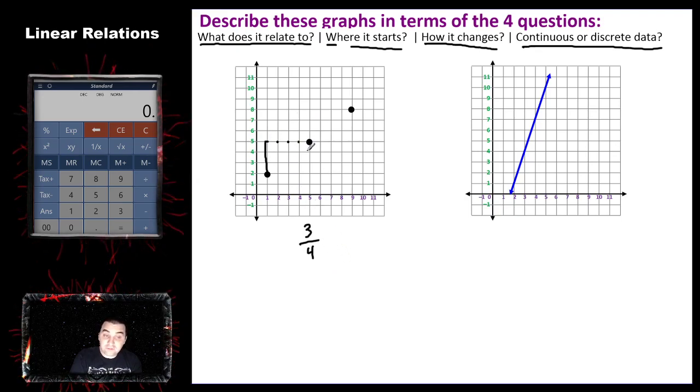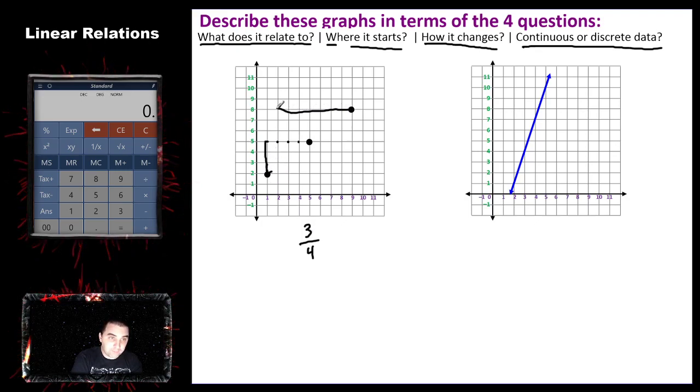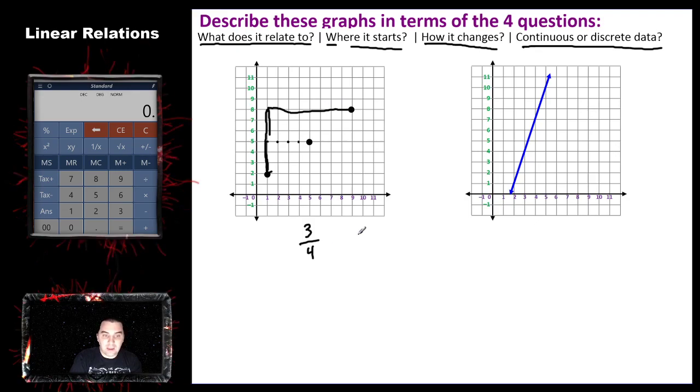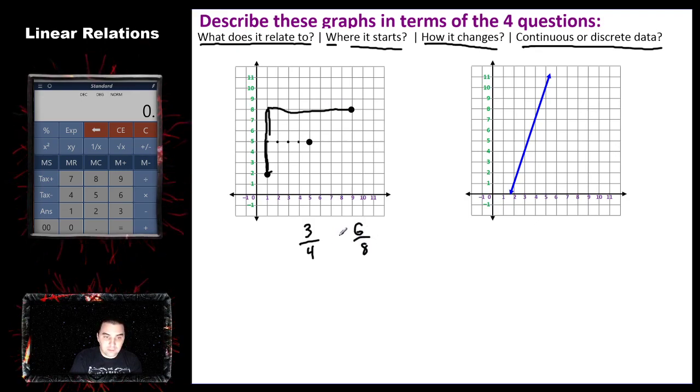That is a simplified form, but I could also say different numbers too that are equivalent. It would be perfectly fine for you to have pointed out that it goes up 6 for every 8, because 3 over 4 is the same as 6 over 8.